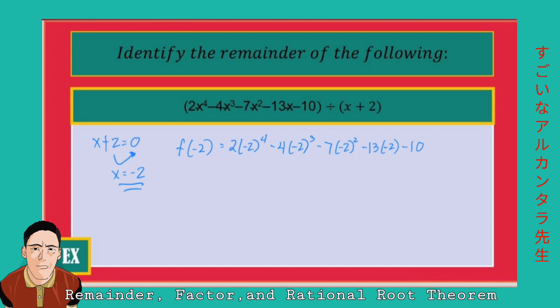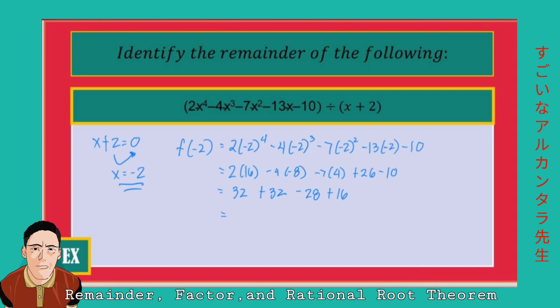Now we'll have here 2 times 16, we have here negative 4 times negative 8. We have here negative 7 times 4. We have here 26 minus 10. Continuing, we'll have 32 plus 32 minus 28. 26 minus 10, that's 16. So this is 64.